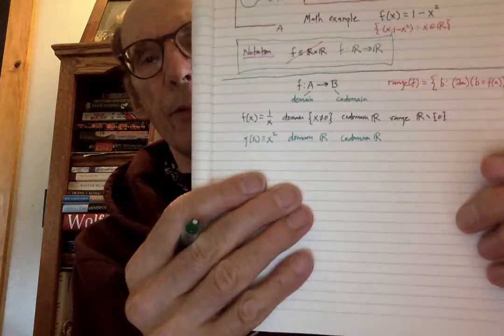For another example, I'm going to change letters so we don't mix them up. Let q of x be x squared. That's just the squaring function: multiply the input by itself. So the domain is R, and the codomain is R. I'm using this blackboard bold R to represent the real numbers. And the range, well, when you square things, you can't get a negative number.